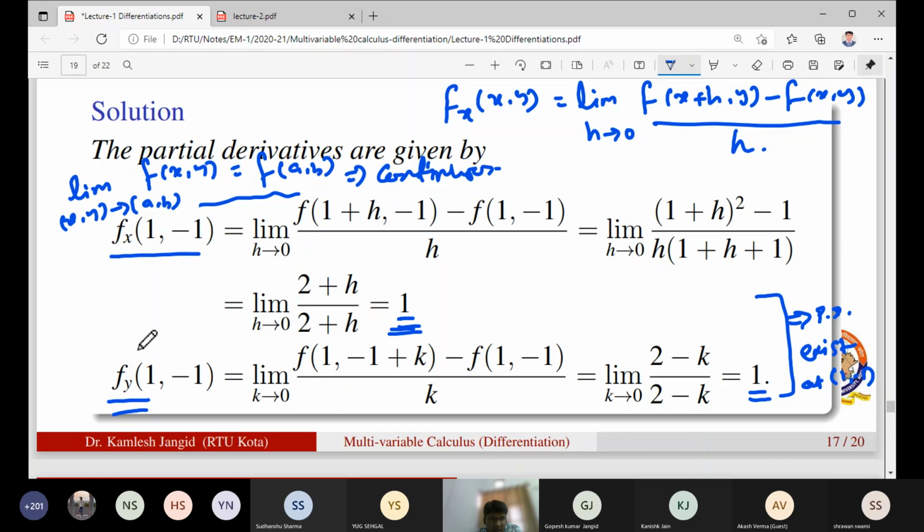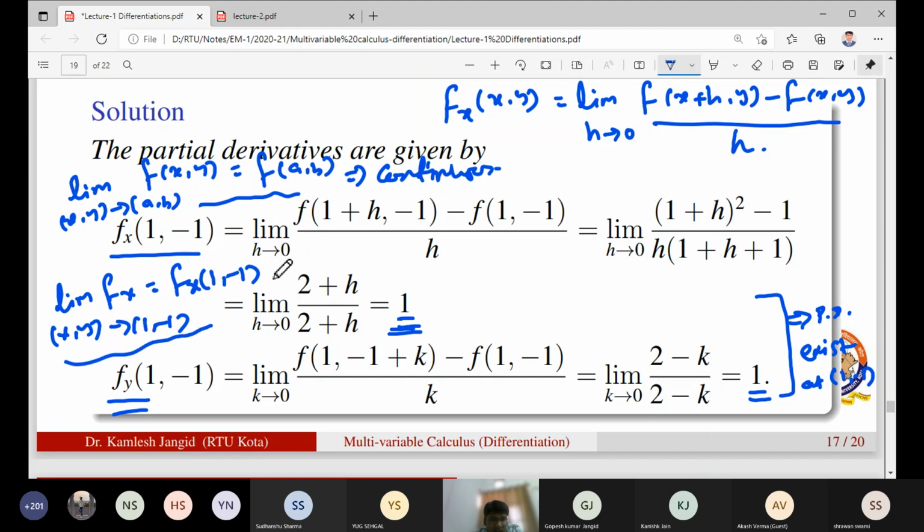Now our functions are the partial derivatives fx and fy. So what is the condition of continuity here? The limit as (x,y) approaches (1, −1) of fx is equal to the value of the partial derivative at the point (1, −1).